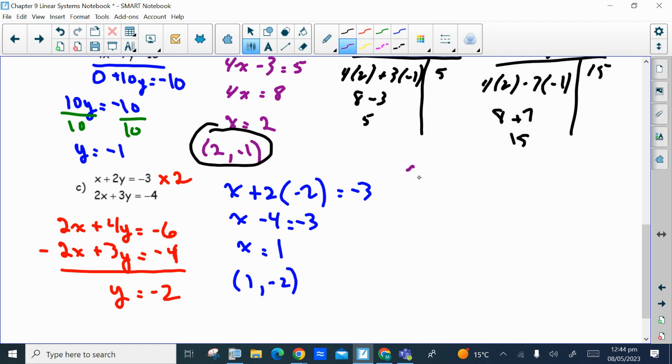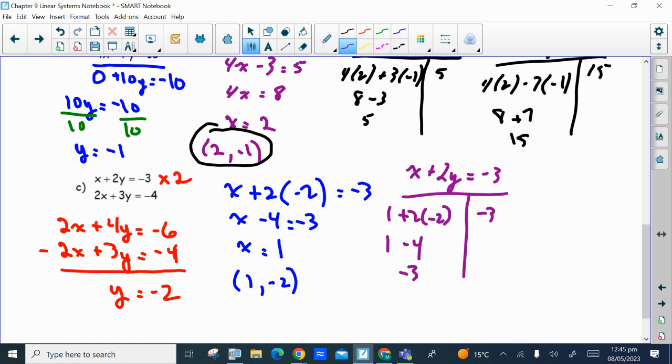So that's what we were going to use in our checks to verify. So it's 1, and then 2 times -2 is -4, and 1 minus 4 is -3. So it checks for the first equation.